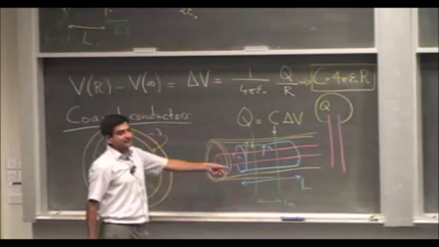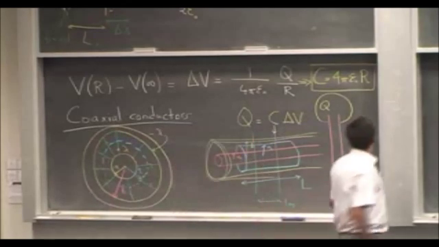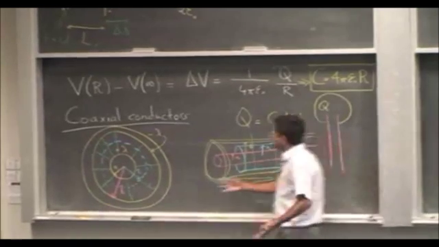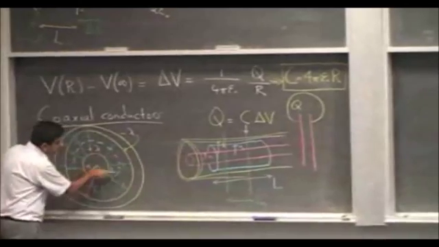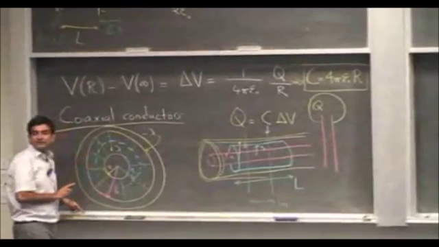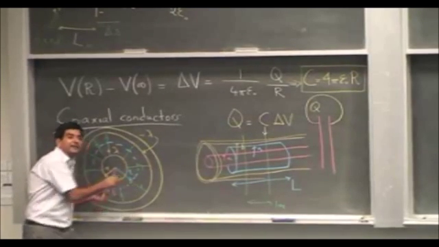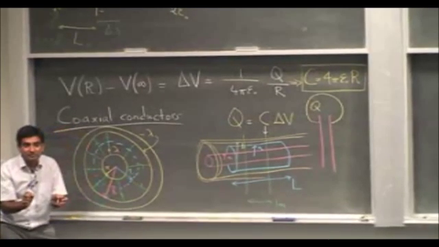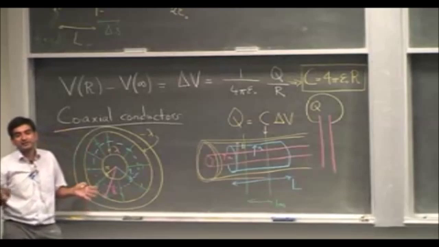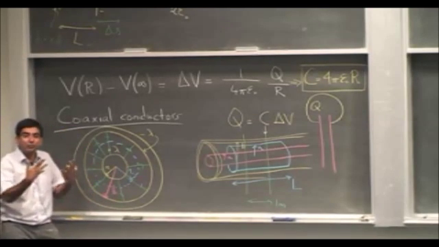Now for this Gaussian surface, the electric field is always normal to the area vector on this Gaussian surface. So the angle between the area vector and the electric field locally is 0. So I can just take the normal product instead of the dot product. Cosine theta is 1.